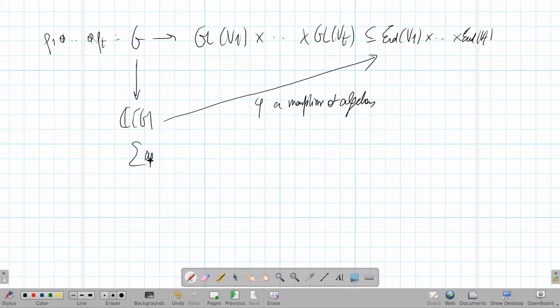Okay, from there to there, and the morphism is exactly the one we saw a moment ago, the one that takes an element of the group algebra, the sum is always intended to be over little g in big G, to a tuple of endomorphisms. And so what's this? It's what we saw a moment ago.